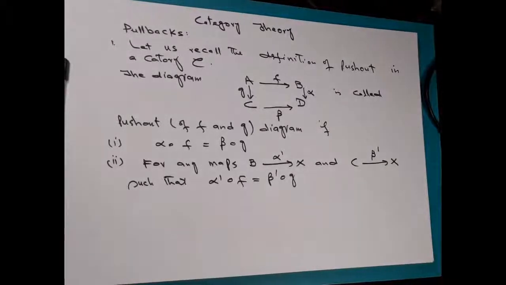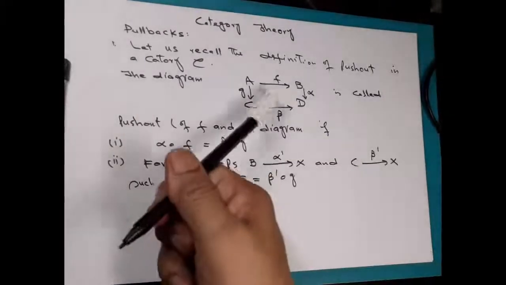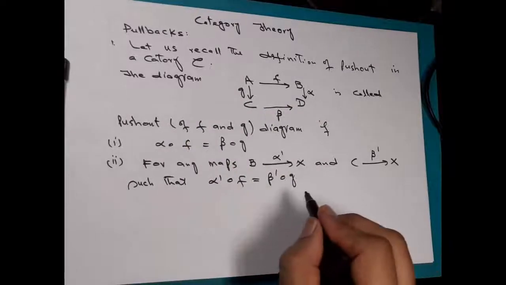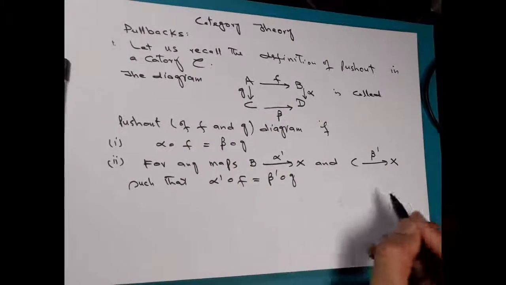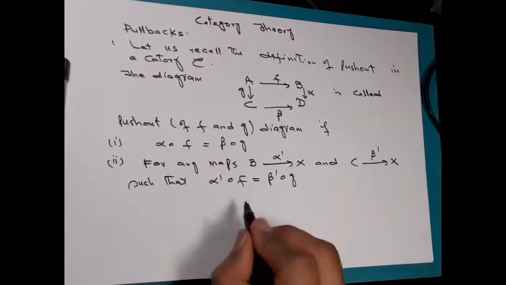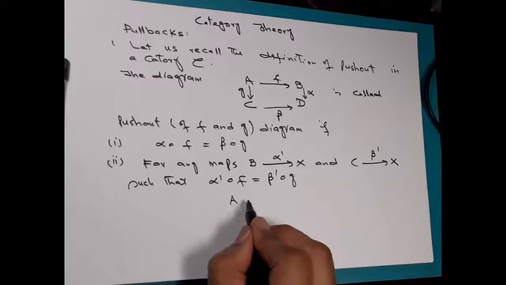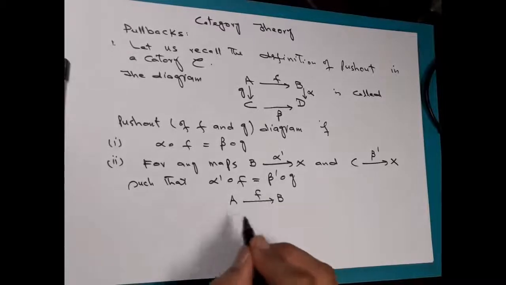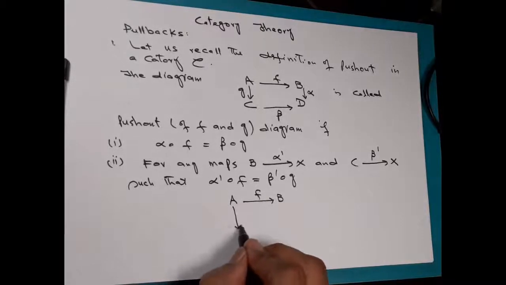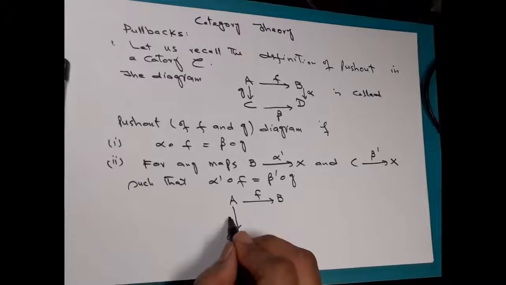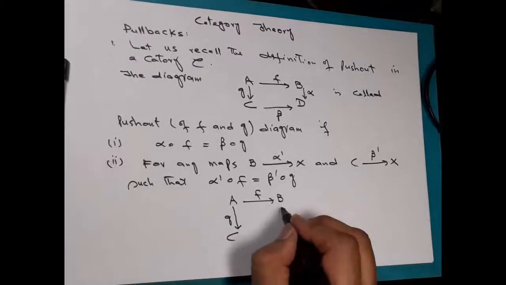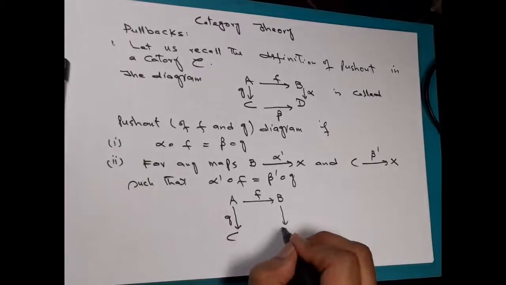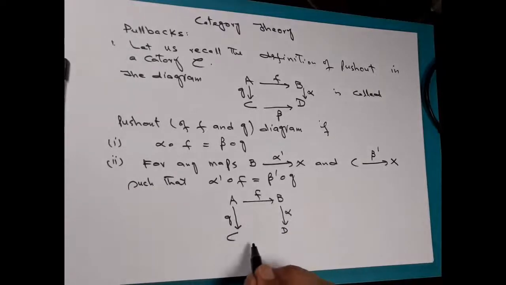To understand what this means, it is better if we draw the diagram. So this is the diagram we already have. From A to B we have map F. From A to C we have map G, and then from B to D we have map alpha, and from C to D we have map beta.